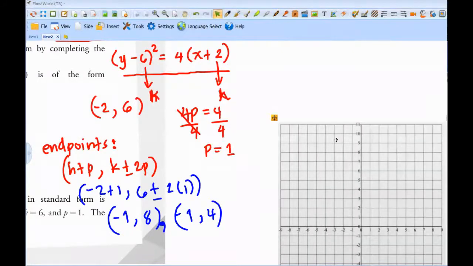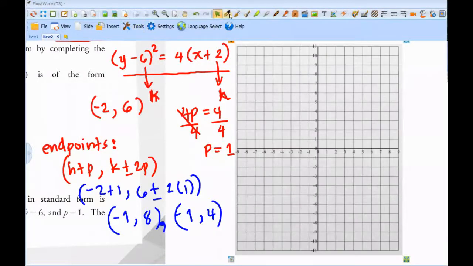Okay. So let's start with the vertex. What is our vertex? -2, 6. And also, we have our endpoints. We don't have the focus yet, so -1 and 8, and -1 and 4. Is that correct? Up and to the right.